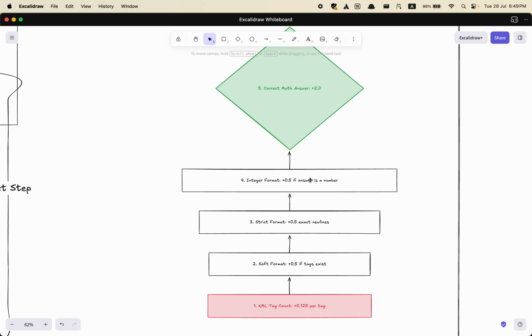At the bottom of the stack, if the model accidentally generated a single piece of an XML tag, we gave it a 0.125 reward. If it puts the tags in the right order, it gets 0.5 points. If it makes the answer an integer, so the format rules, we give it another 0.5 points. It's pretty much how you would have been graded throughout high school, where you get points for showing your working. The model quickly learns to chase these formatting points to beat its group average.